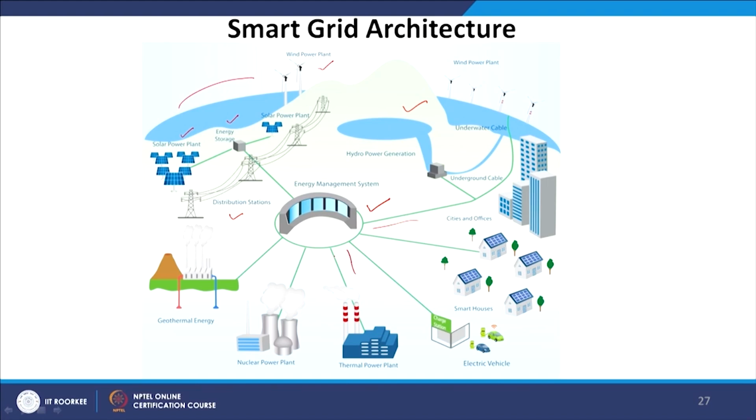The energy from thermal, nuclear and other sources, and these are all our smart houses. So we expect the smart grid architecture will wonderfully connect all residences, electric vehicles, and cities with renewable energy sources through an efficient energy management system. This is what we expect the smart grid of the future will look like, the so-called smart grid architecture of the future.